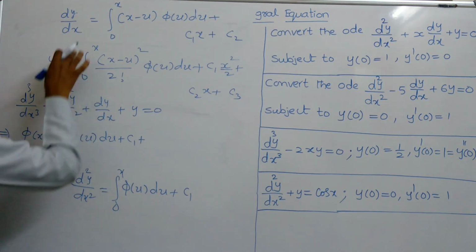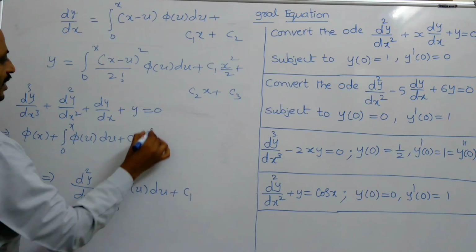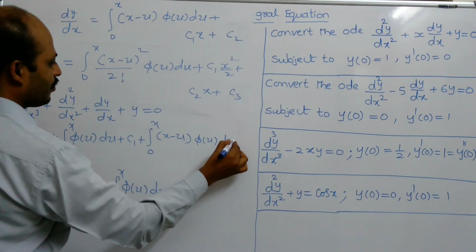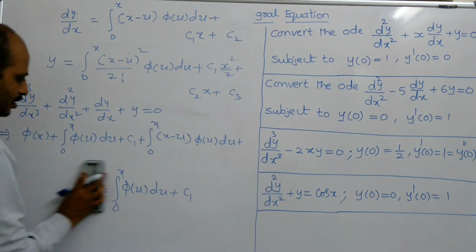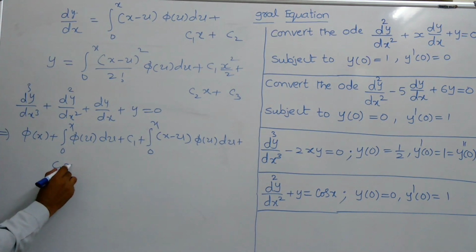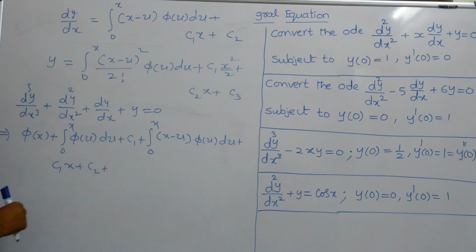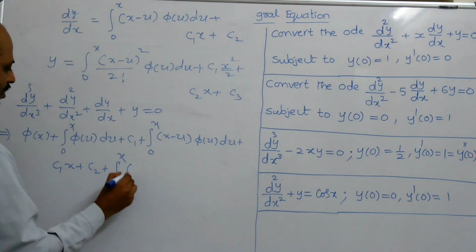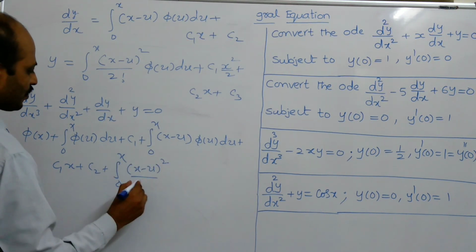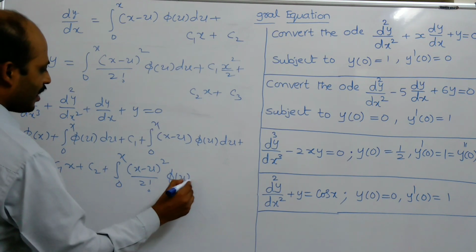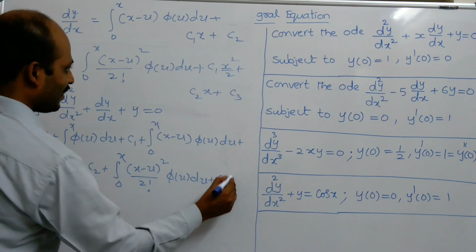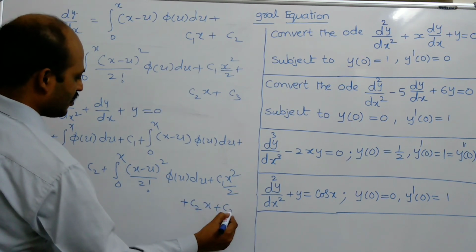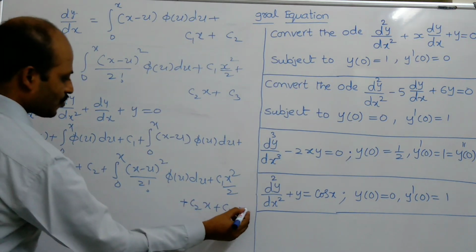What is dy by dx? Integral 0 to x, x minus u phi of u du plus C1x plus C2. What is y? Integral 0 to x, x minus u whole square by 2 factorial phi of u du plus C1 x square by 2 plus C2x plus C3 is equal to 0.